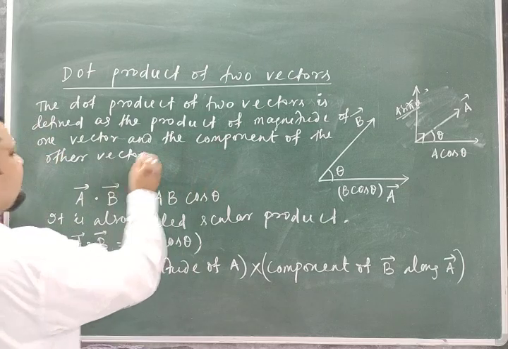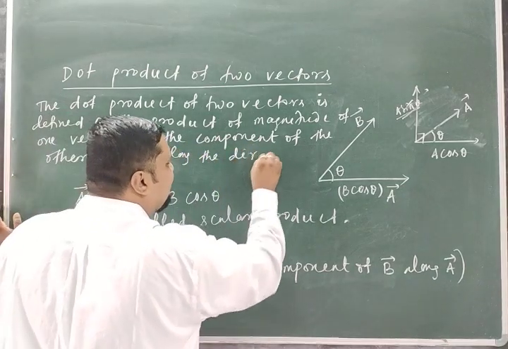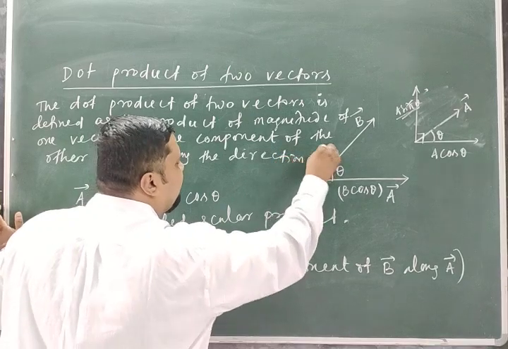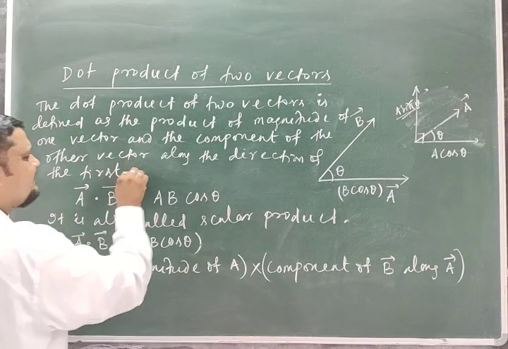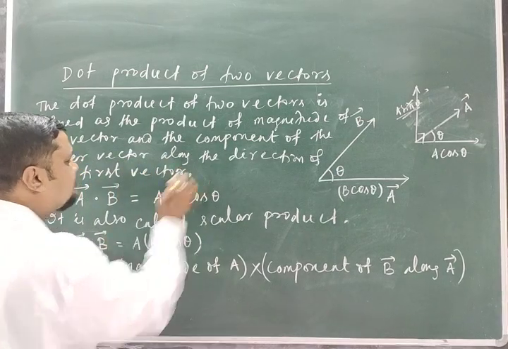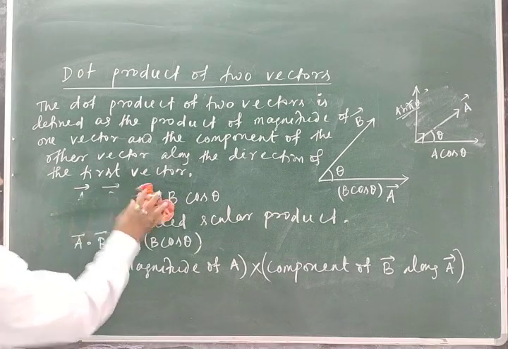Means there are two vectors. You take the magnitude of one vector, then the component of the other vector along the direction of the first vector. So this is A dot B. This is another definition.